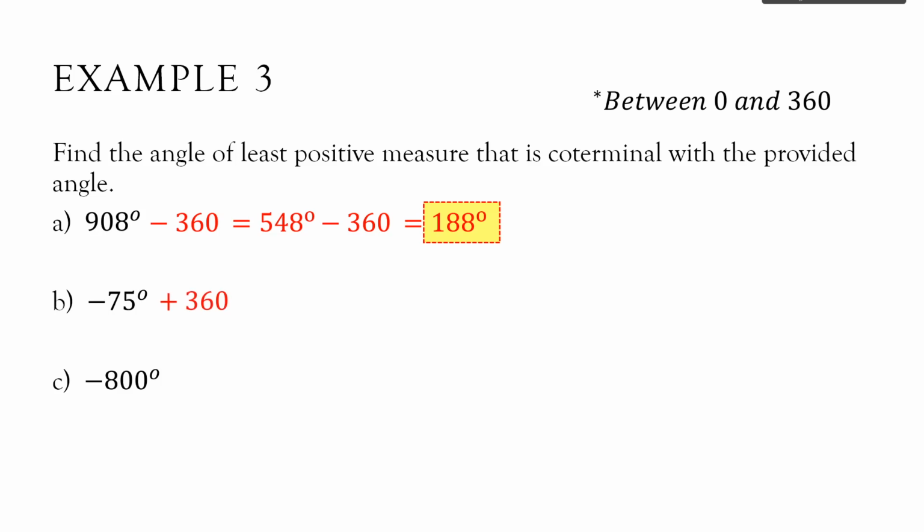This just means I turned around and rotated in the opposite direction, but I still end up facing the same direction. So if I add 360, negative 75 plus 360, I get 285 degrees. Is that a positive angle? Yes. Is it between 0 and 360? For sure. So I have my final answer.